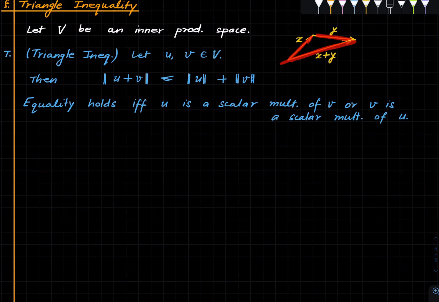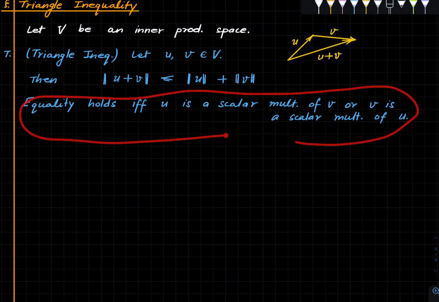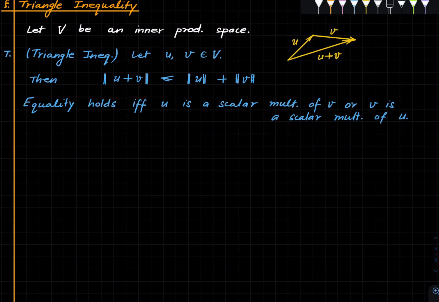Maybe I should write u, v and u plus v because that's how I have stated it in the theorem. That's all the triangle inequality is saying. And there is a clause which tells us when exactly the equality holds. That part I will leave as an exercise, but let me prove this part.